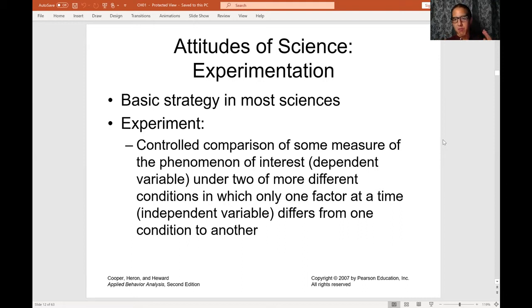So perhaps you can give me food before to see if it's hunger as well. Perhaps you can deprive me of food to see if that increases the frequency, or even if, instead of just asking for one piece of ice cream, I ask for two pieces of ice cream because I'm not eating. So you're trying to, again, see what the variables are. You're trying to experiment. You're comparing the measures of the phenomena by changing the conditions.